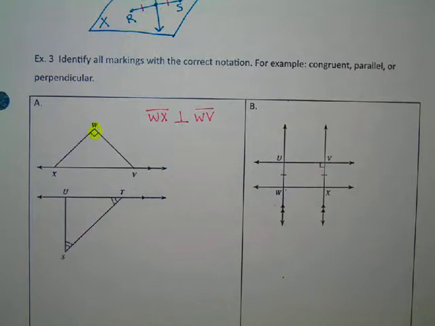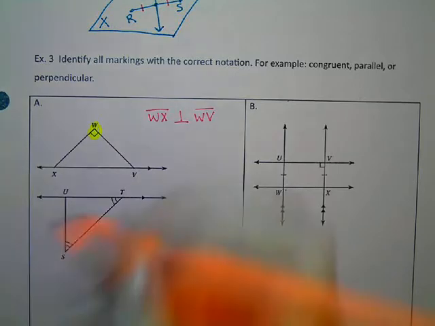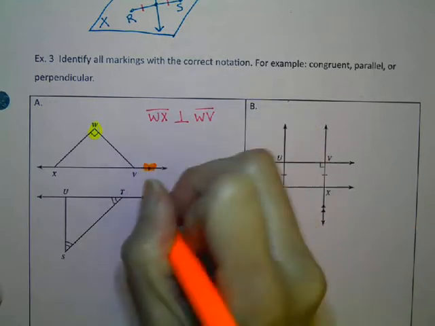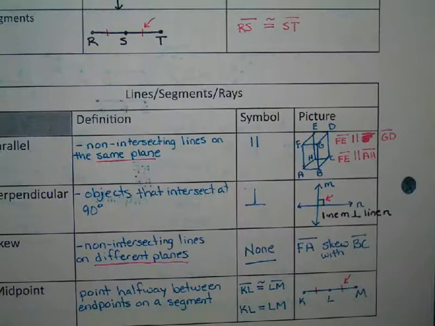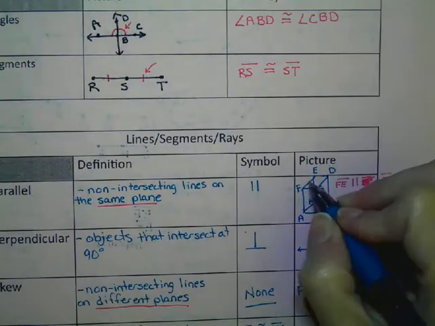One of the things I noticed in this one that I forgot to mention on the last page is I see these arrows. This arrow here and here mean parallel. So I'm going to flip back over here, and we picked FE. So I'm going to put a little parallel symbol here.